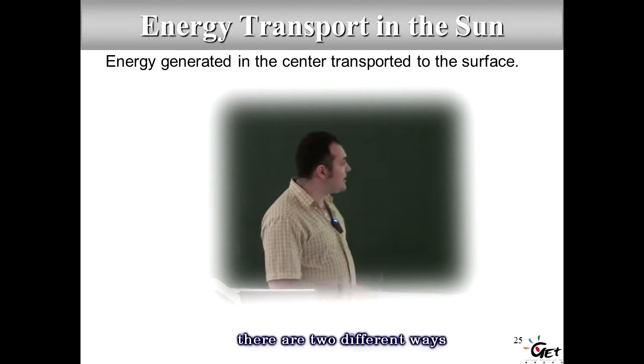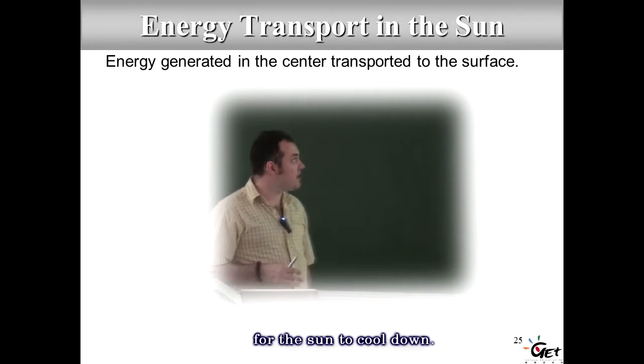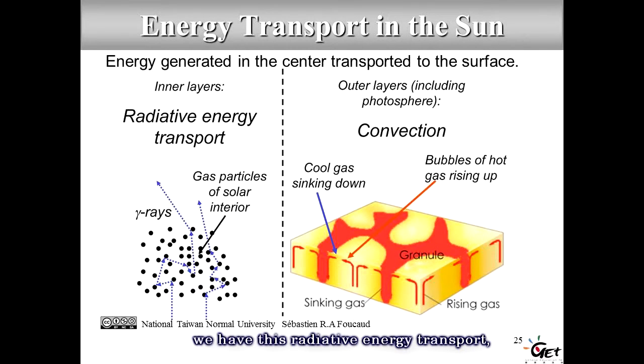I mentioned that there are two different ways for our sun to cool down. At the center, we have this radiative energy transport, and at the outskirts, you have convection. I was telling you that radiation is more efficient, but that doesn't mean that it actually takes less time. At the center of the sun, there are lots of gas particles. Imagine a photon traveling within this very hot gas, heating up lots of different atoms.